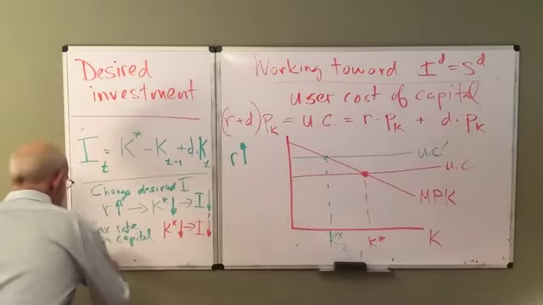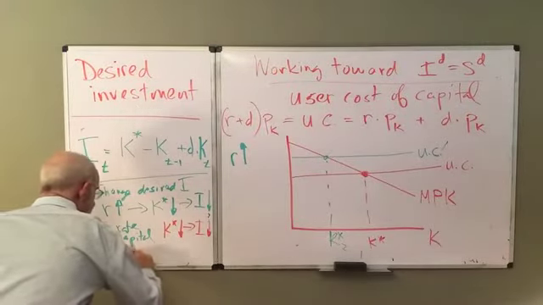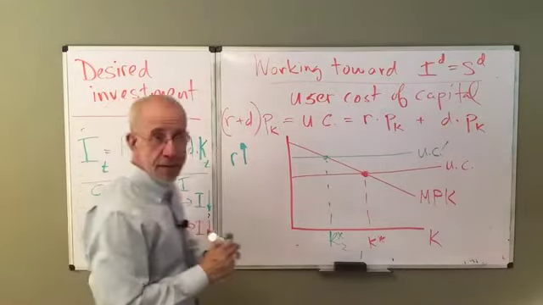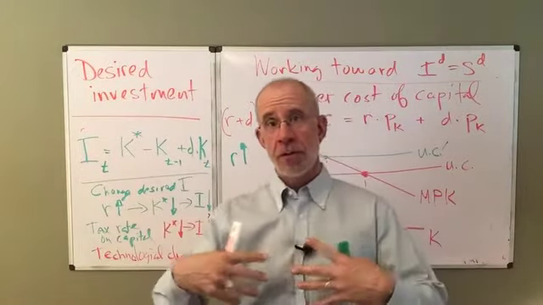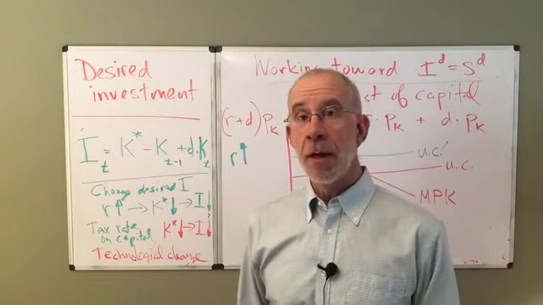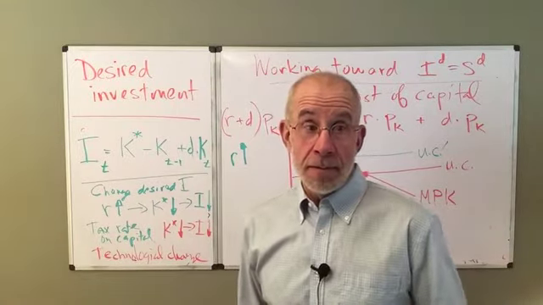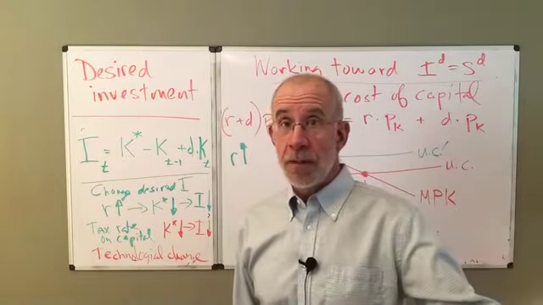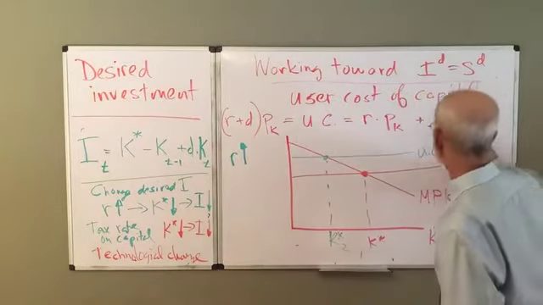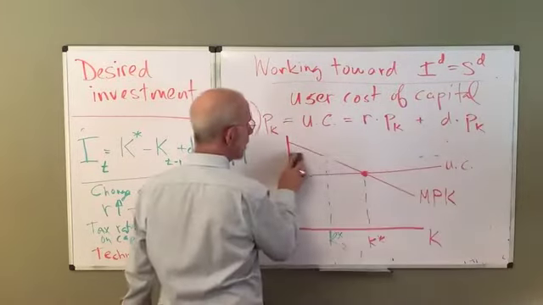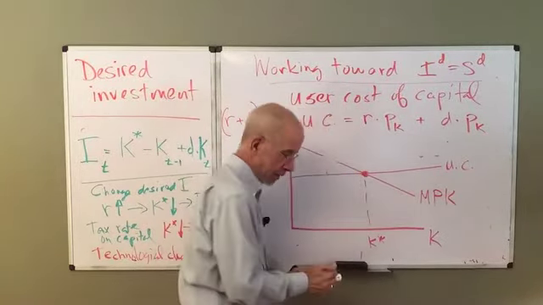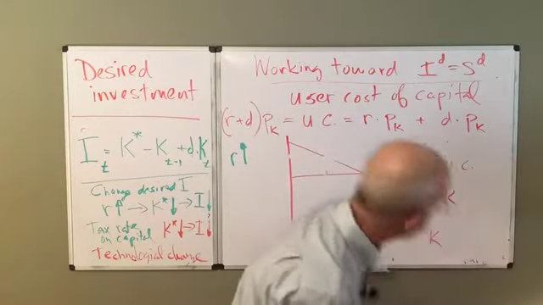Finally, let's think about a technological change. Because one of the things that happens, as you think about investment over time, is that firms are making adjustments based on what is happening to the technology. Now let's go back to this graph. Let me get this green line out of the way. And we'll use the black pen here.